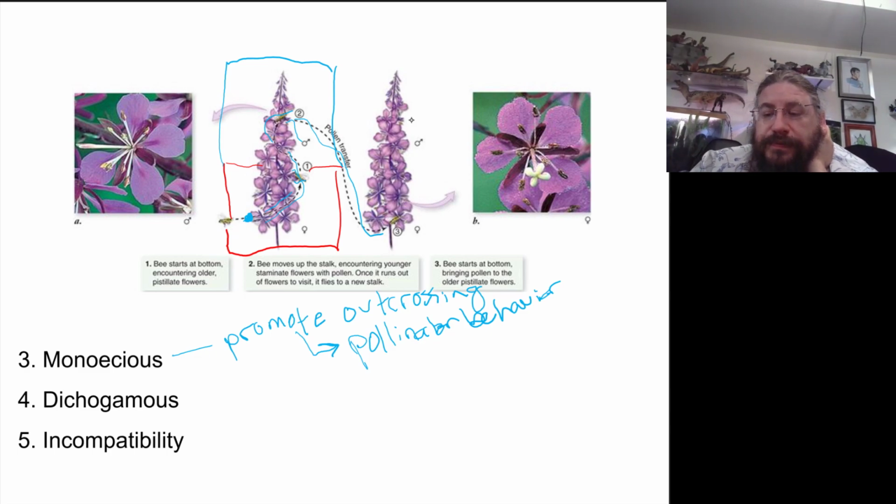So that's pretty cool. So another way you could have these monoecious plants have outcrossing is by being dichogamous.